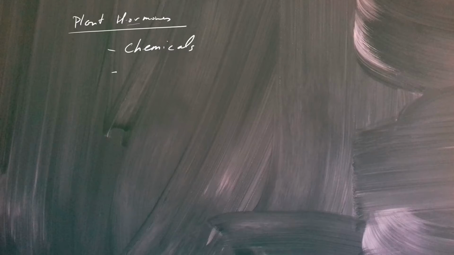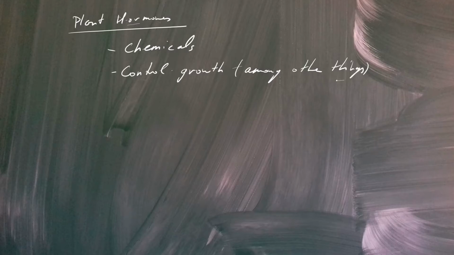They're chemicals, and just like hormones in mammals, they control a variety of things, among other things the growth of plants. And of course, like hormones, they work at a low concentration.